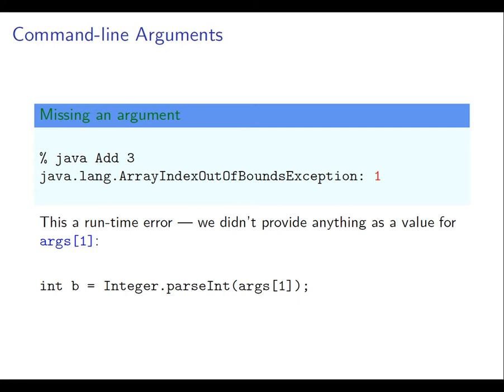In this case, it raises an exception called ArrayIndexOutOfBoundsException. What that means is you used an array and you gave it an index, in this case 1, which was out of bounds, out of the range within which the indexes into this array were actually defined, which is just a fancy way of saying you didn't provide a second argument to this program.